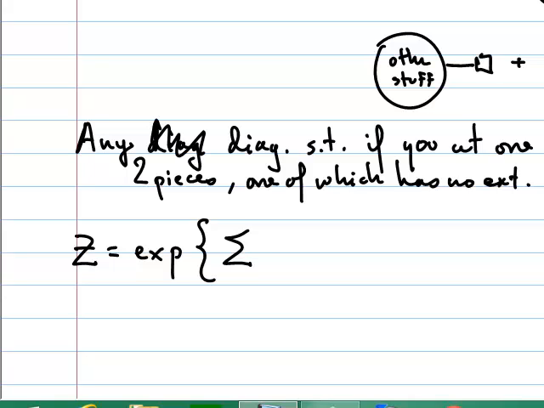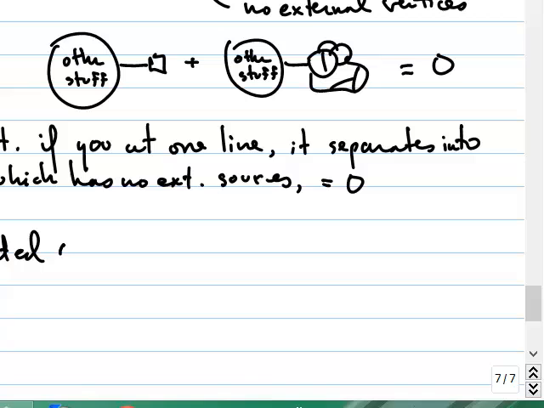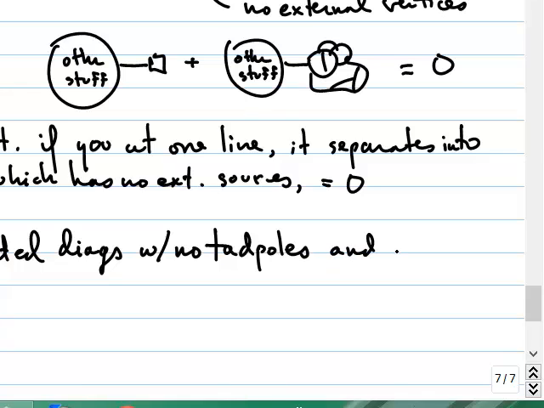We just need to sum over connected diagrams in the exponential. But we sum over connected diagrams with no tadpoles. That is to say, no pieces where you could cut one line and get a disconnected diagram with no sources, and no vacuum bubbles.